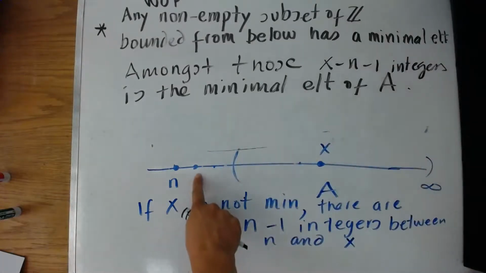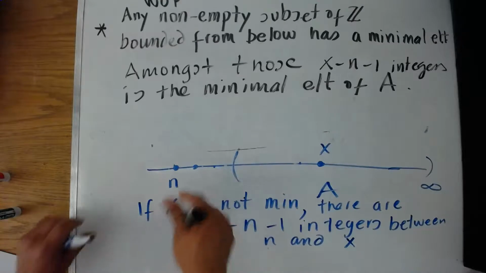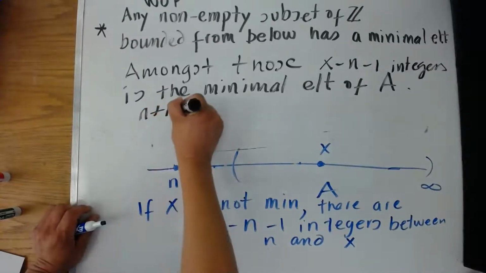None of these are minimal elements. So that means I'm picking from those elements from n plus 1.